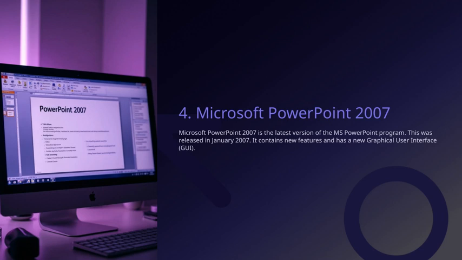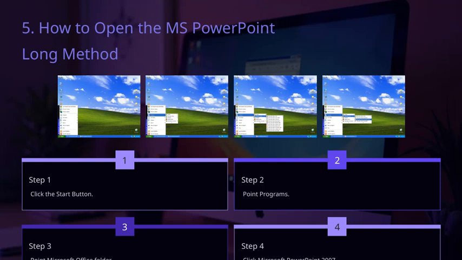Additionally, PowerPoint 2007 includes new features designed to enhance our ability to create engaging and professional presentations. Overall, this version marks a significant step forward in making presentation design easier and more effective, aligning with our goal of delivering impactful messages. All right, let's walk through the long method to open MS PowerPoint.